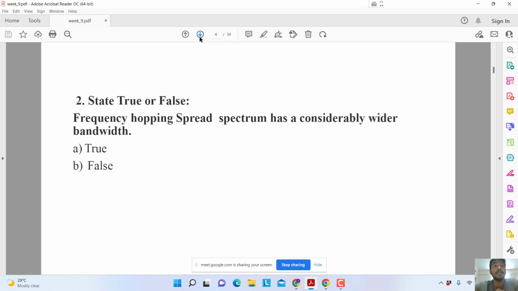Now the second question is a statement type question. The question is: frequency hopping spread spectrum has a considerably wider bandwidth. Is this true or not? You just have to tell whether, when you apply spread spectrum techniques, frequency hopping is considered as a wider bandwidth or not.